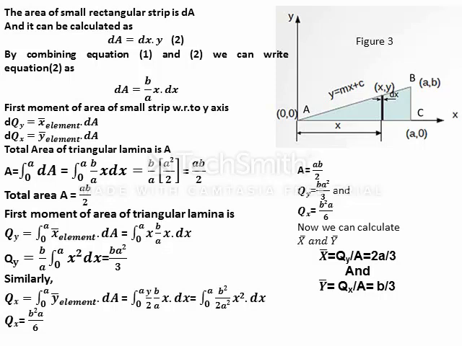Then the first moment of the triangular lamina can be obtained by integrating the first moment of area of the small strip with respect to the respective axis.